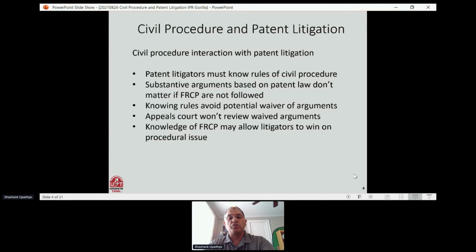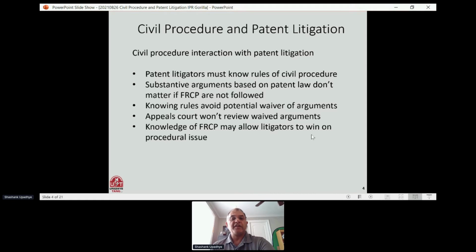And if you do know these rules, then you're going to avoid potential waiver of very good arguments. There's nothing more disappointing, especially when I was the client, that my law firm had a terrific idea to help me win my patent litigation, only to find out that, in fact, we were too late.